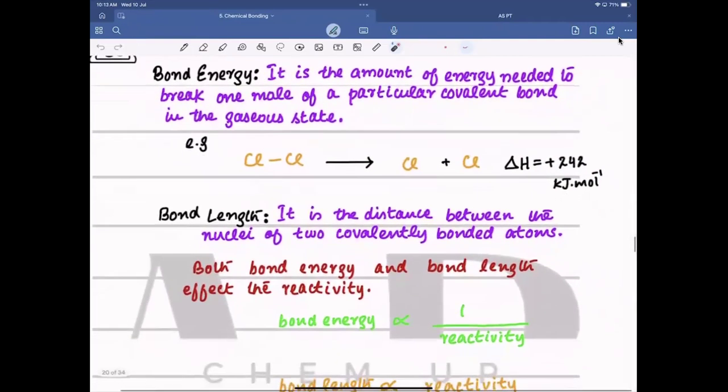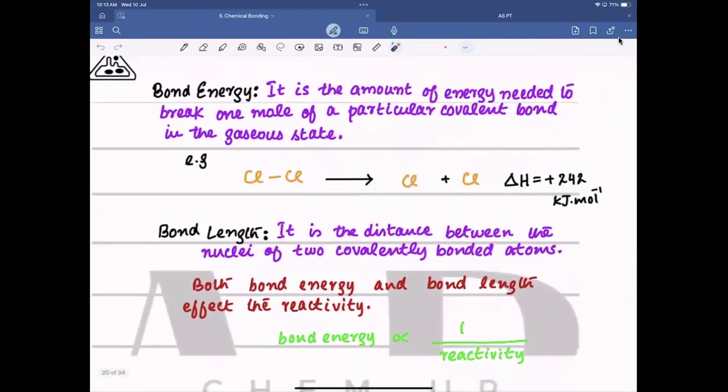Yes, sir. Okay. So it means bond energy depends upon reactivity. If the bond is stronger, it needs a lot of energy to break. So if it needs a lot of energy to break, would it be more reactive or less reactive? More reactive. If it needs more energy to break, will it be more reactive?